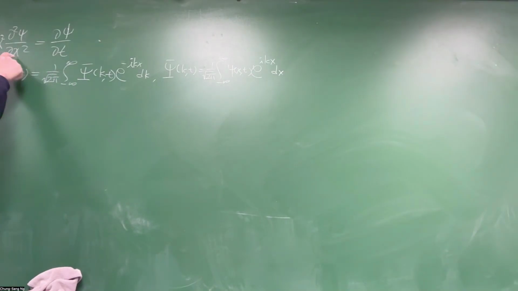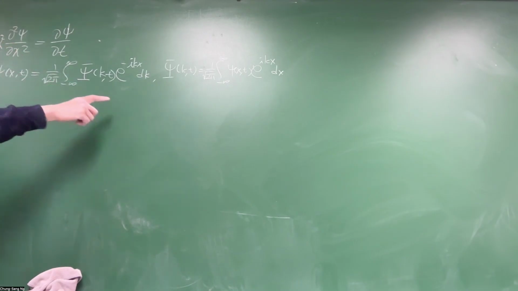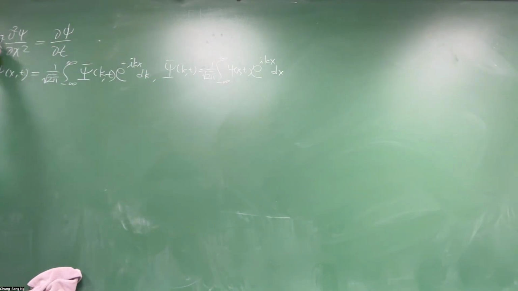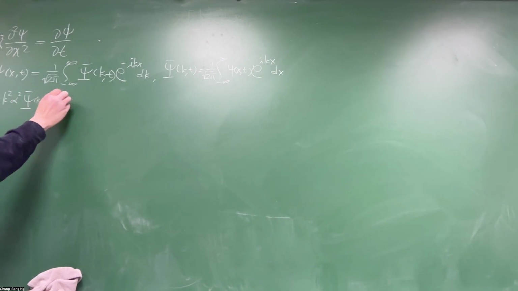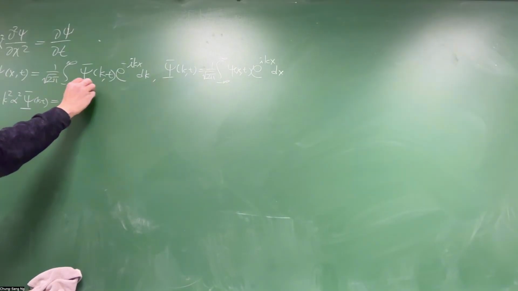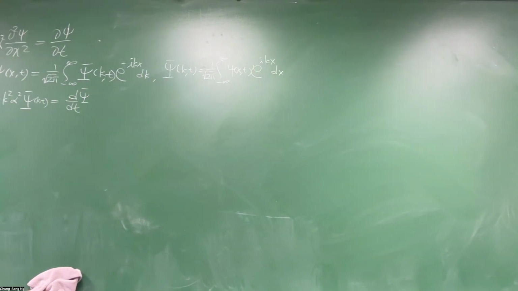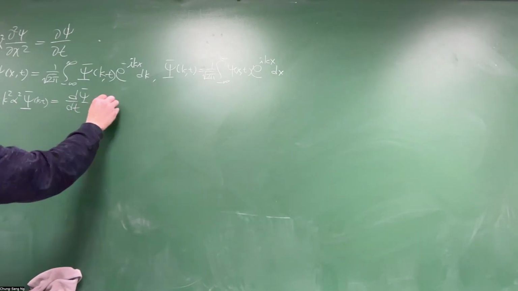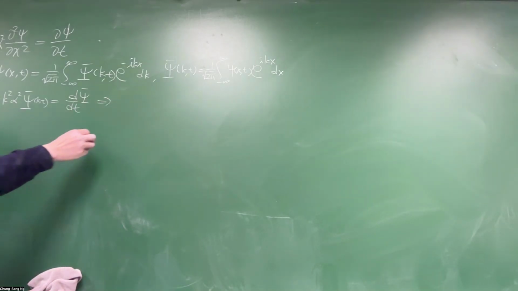Solving the differential equation. Now, using the same trick, taking the Fourier transform of the whole equation gives you minus k squared capital psi as a function of k on the right hand side. It's d/dt of capital psi. So that is even simpler than what we had before.